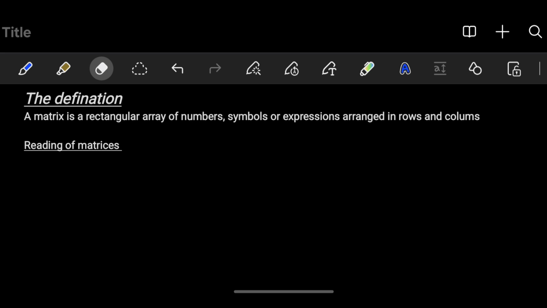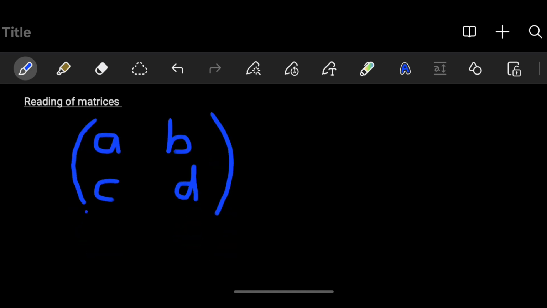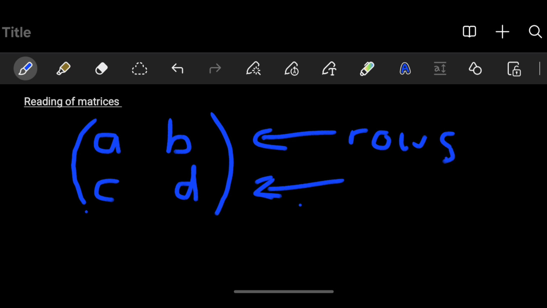So take it for example, we are given this matrix. The horizontal ones are referred to as the rows, and the vertical ones are referred to as the columns.